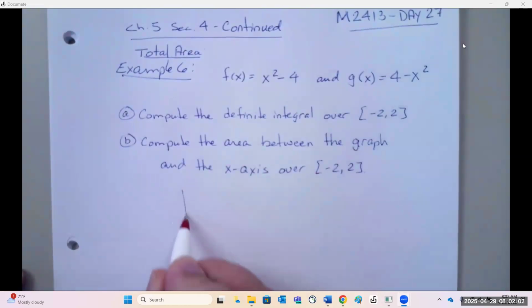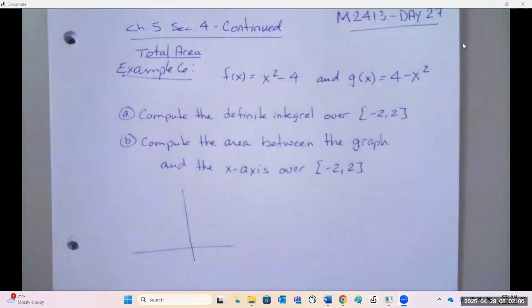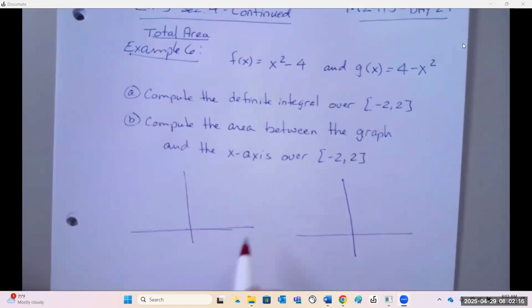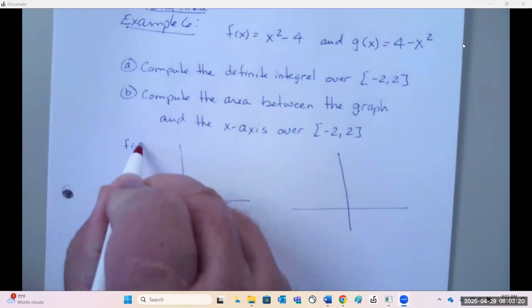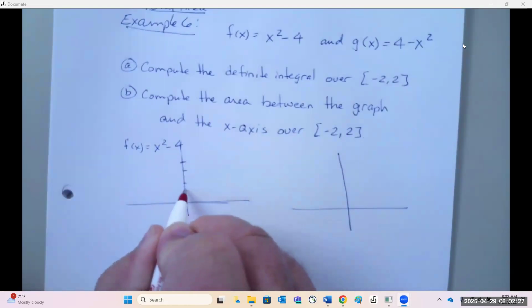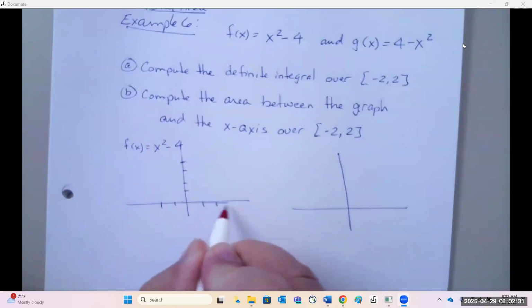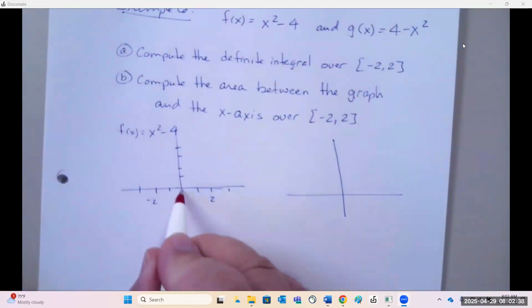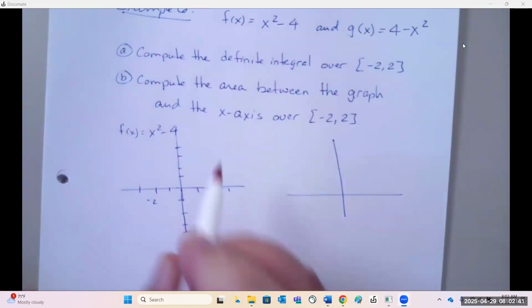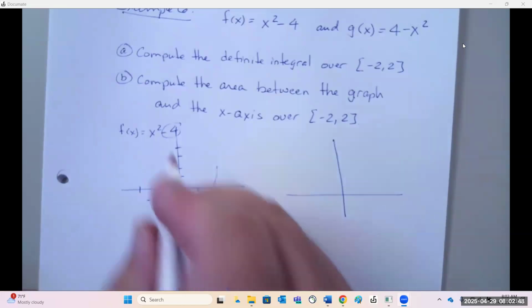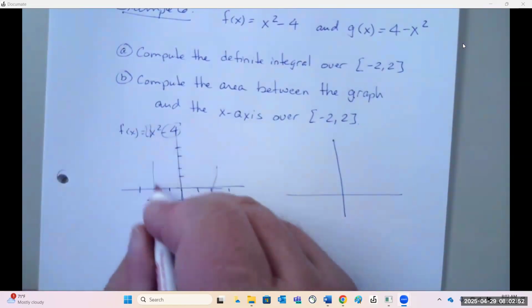If we look at both of these graphs, we'll see that f of x is a parabola that has a vertical shift down 4 spaces, and it opens up because the leading coefficient is positive.